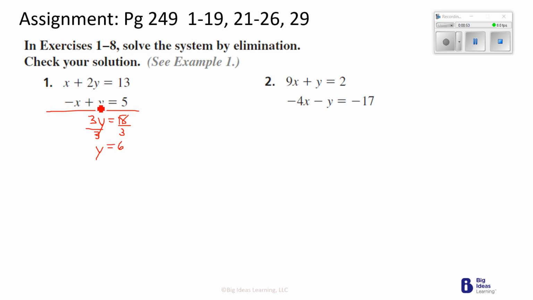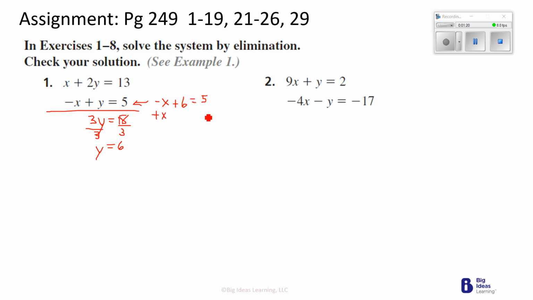Now that I know what y is, I can plug it right into this problem, right? And remember, negative x plus 6 has to equal 5. Easiest way to solve this is to realize I'm going to subtract. Actually, I'm going to bring this x over here, because remember, I need to find out what a positive x is.